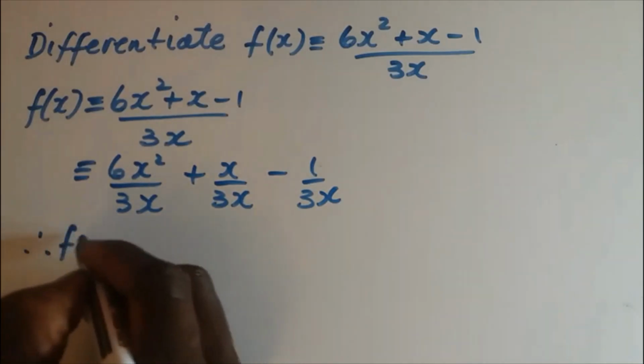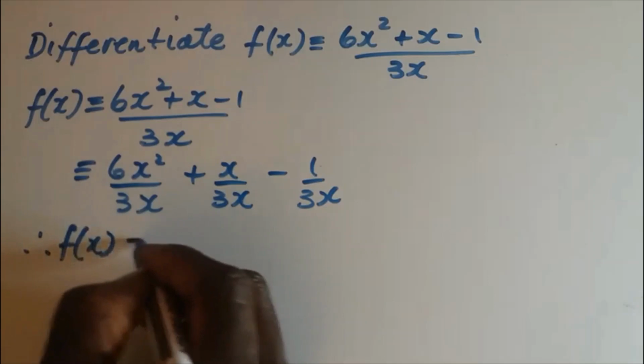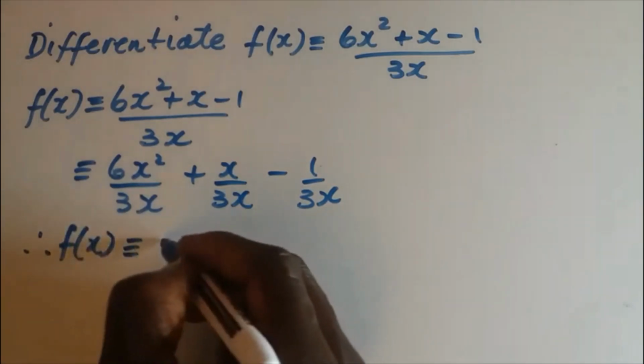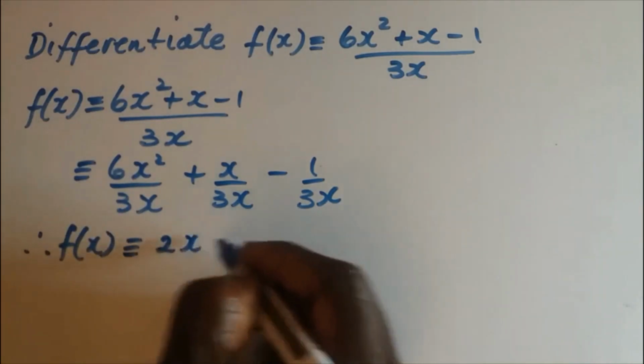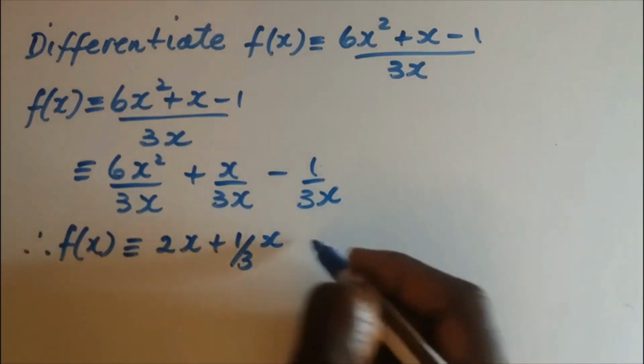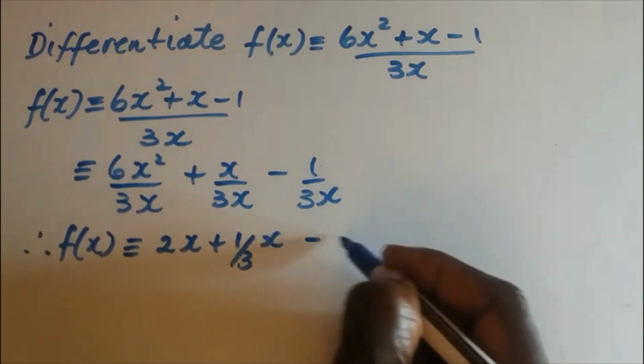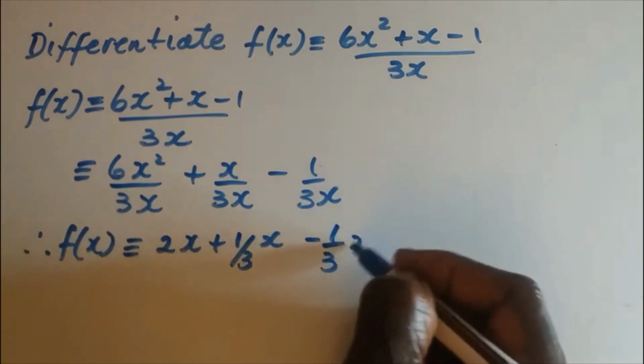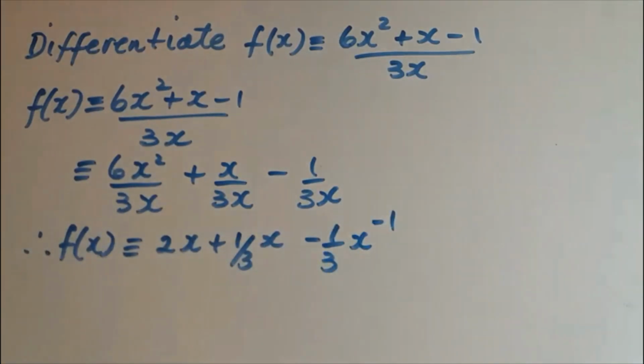Therefore, we have f of x equivalent to 2x add a third, minus 1 over 3 x to the minus 1.